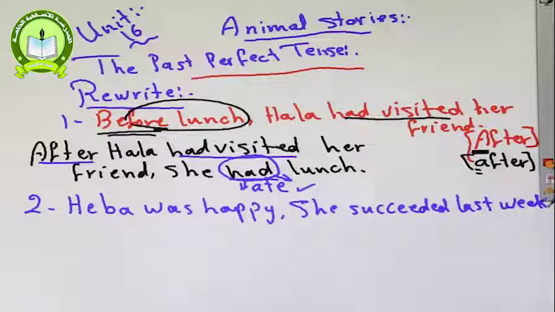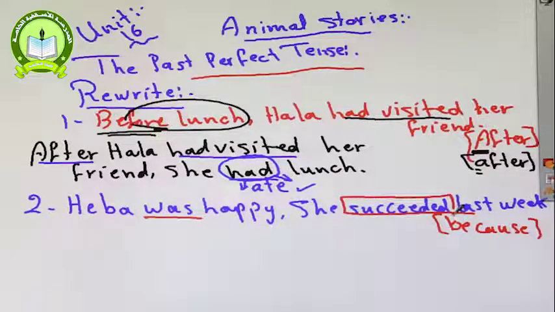He wants because. Because Heba was happy. This is the first action. And she succeeded last week, the second action. But succeeded should be put at the past perfect, because this happened at first.